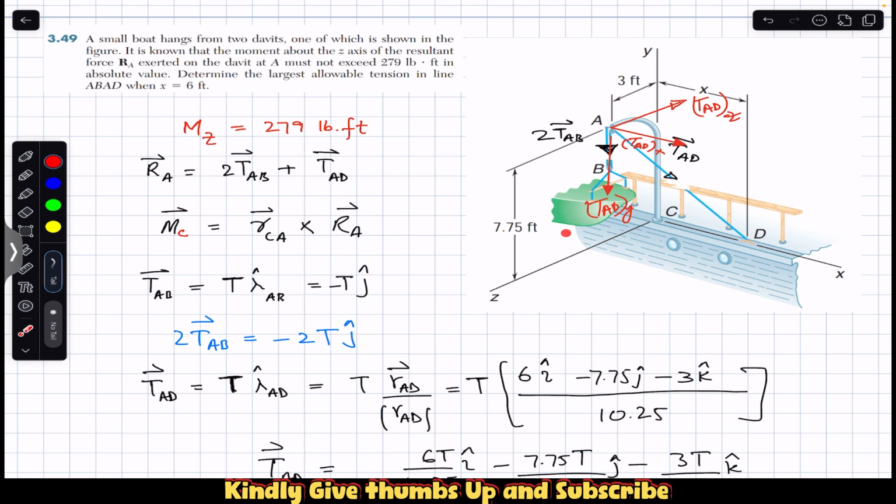So T_ADx is producing the moment about the z-axis in the clockwise direction, and that moment must have the magnitude of 279 pound-feet.